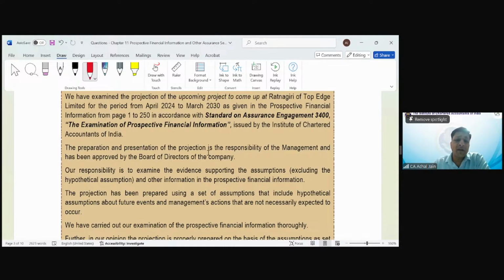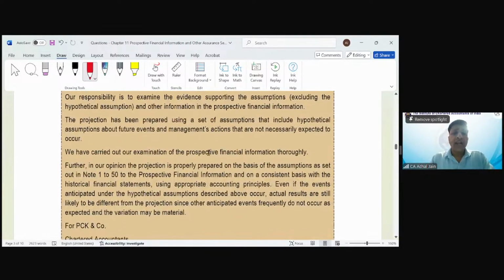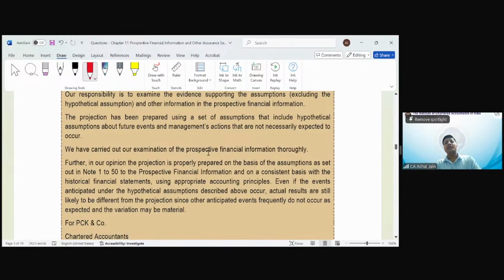Projection has been prepared using a set of assumptions that include hypothetical assumptions about future events and management actions that are not necessarily expected to occur. We have carried out our examination of prospective financial information thoroughly.